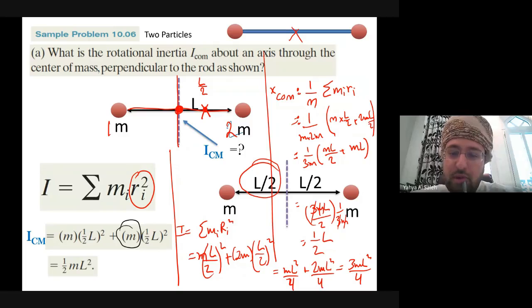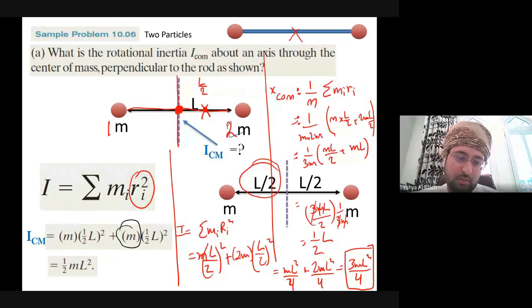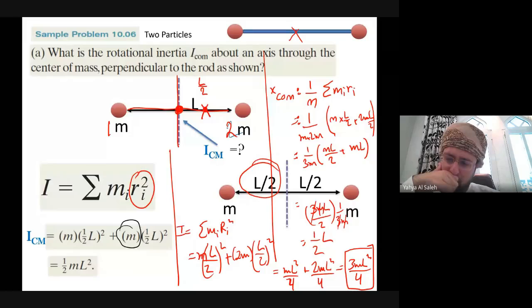Okay, thank you. Okay, so this tells me that my inertia at the center of mass is 3mL squared over 4. Actually, no, you are correct.